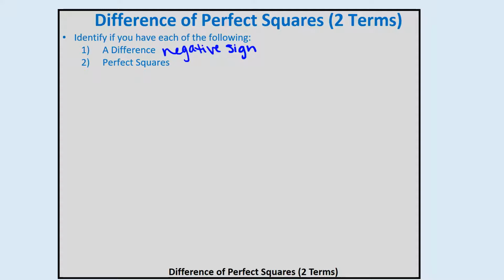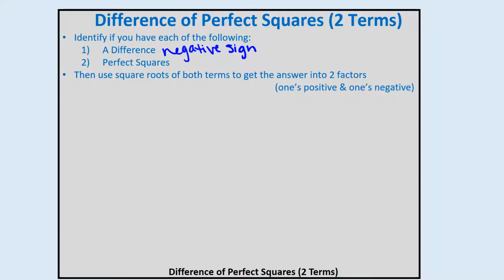And are the first term and the second term perfect squares? If we have two terms where the middle sign is negative and the first and last things are perfect squares, then we use the square roots of both of those terms to get our answer as two factors, where one's positive and one's negative.